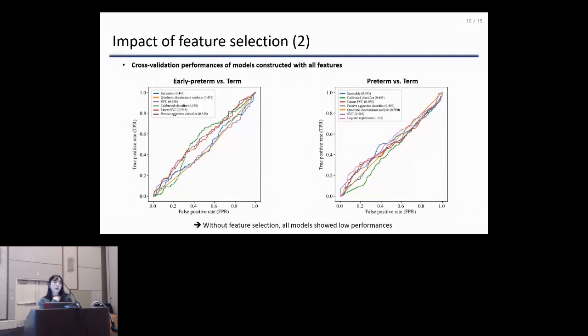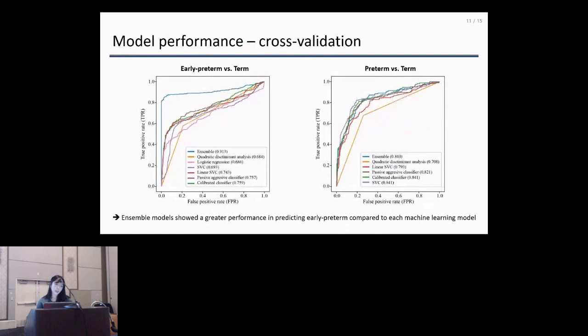Of course, without the feature selection, the model showed very random performance. The AUC values were around 0.5. And this is the actual result of our model. Because we could not get the test datasets, this is the result of the cross-validation.